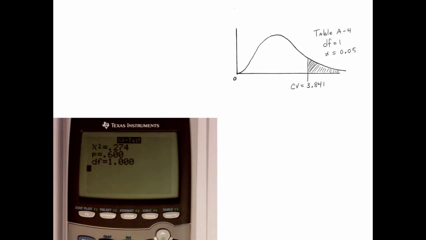This part should always say observed matrix A, expected matrix B, and then calculate. The test statistic is very small, 0.274. Degrees of freedom is 1, which means the critical value is the same as last time, 3.841.